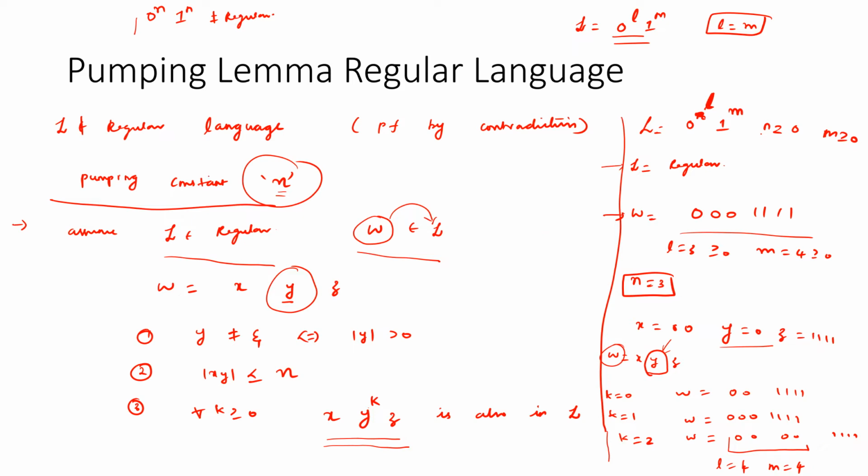Why is it so? Basically, for 0 power n, 1 power n, I cannot construct a DFA. That's my confusion, because that third string is actually an instance of this language 0 power n, 1 power n. Okay, let me convince you by drawing the DFA for the language 0 power L, 1 power m, where L is greater than or equal to 0 and m is greater than or equal to 0.